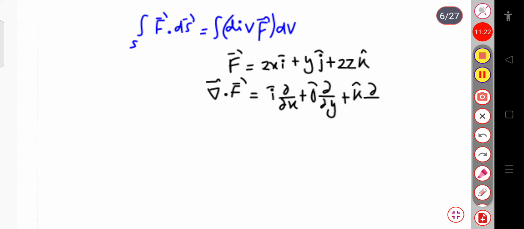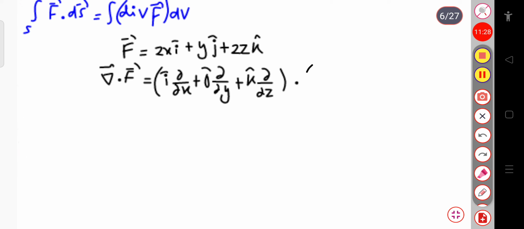This is the Cartesian representation of the del operator, dot the F vector, that is 2x i cap plus y j cap plus 2z k cap. Here if I take i dot i, that will be 1, and i dot j, i dot k will be 0. So simply dou by dou x of 2x will be 2, and i dot i is 1, and here j dot j is 1 and the other two terms will be 0.